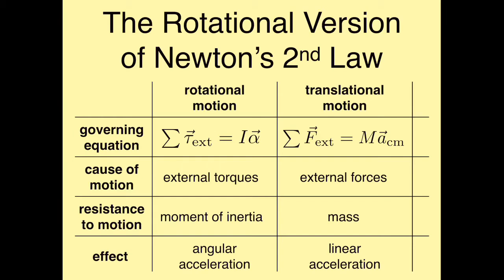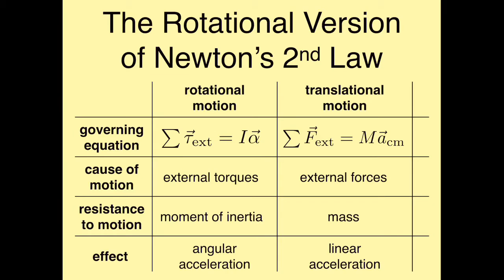Okay, so what is the cause of motion in each of these equations? Well, the cause of motion when it comes to the rotation of an object would be outside torques. External torques are what cause things to start rotating. On the other hand, if we're thinking about translation, the cause of motion would be external forces. It's outside forces you need to get something to start translating.